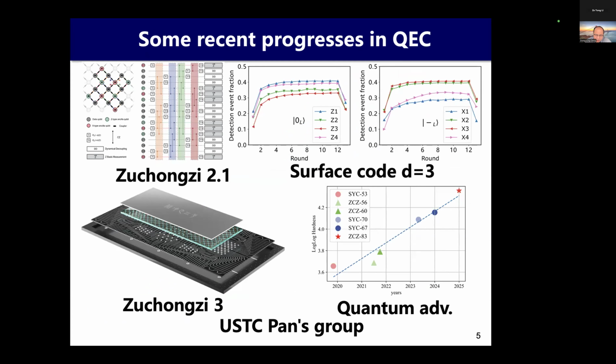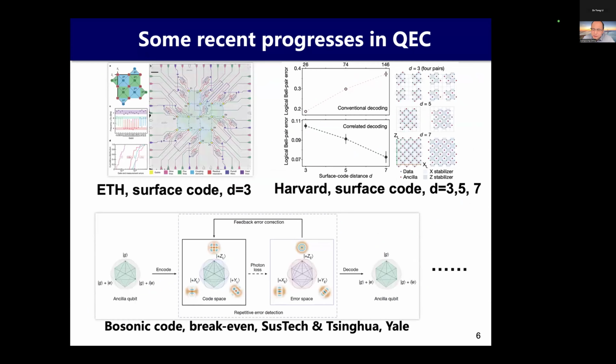Moreover, my colleague Luyan Sun's group, in collaboration with Dapeng Yu's group at SUSTech, reported an experiment on a bosonic code. They also achieved break-even in their experiment. Meanwhile, the group from Yale also demonstrated this. Worldwide, there are many other exciting experimental progresses on quantum error correction, like from ETH, Harvard, etc.